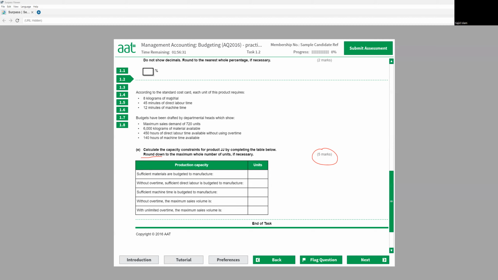For each unit, we need 8 kilograms. And how many kilograms of material do we have? 6,000.